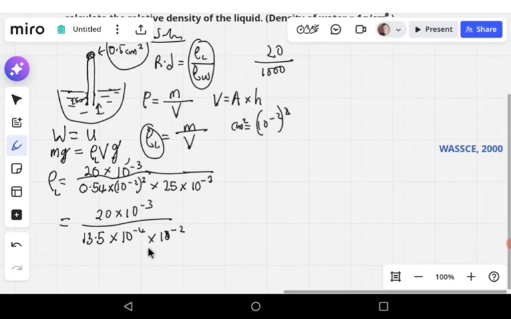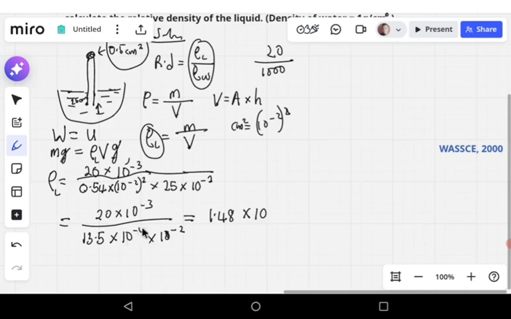Alright. Then with my simple calculator, I'll still do 20 divided by 13.5. That will give me approximately 1.48. The rest are recurring decimal. Then times 10 raised to power of what?